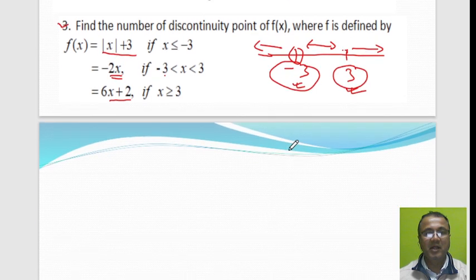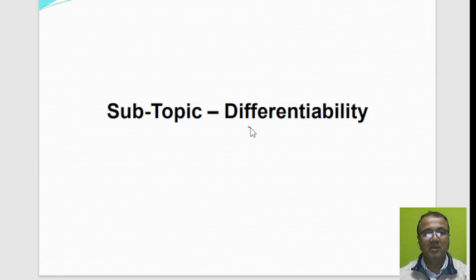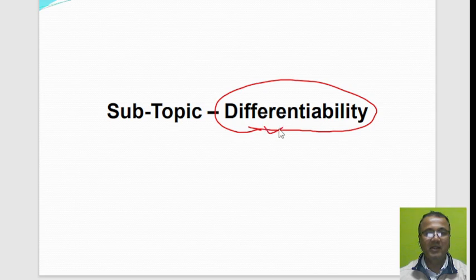derivatives. Okay, now see the other topic we are going to start, that is differentiability. Now what is differentiability? I will check whether the function is differentiable or not, and after that we will find the derivative of different types of functions.